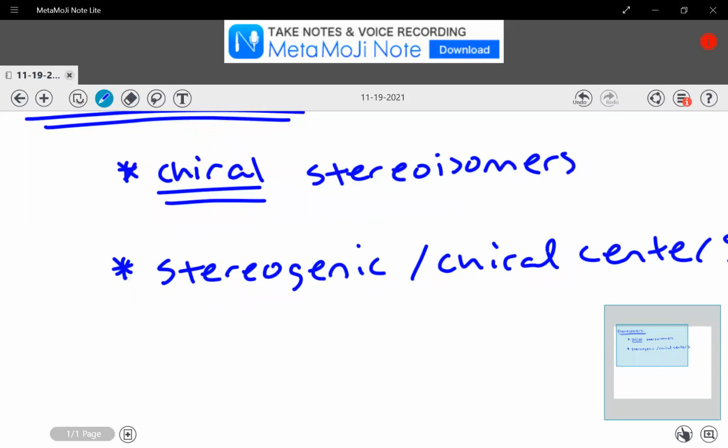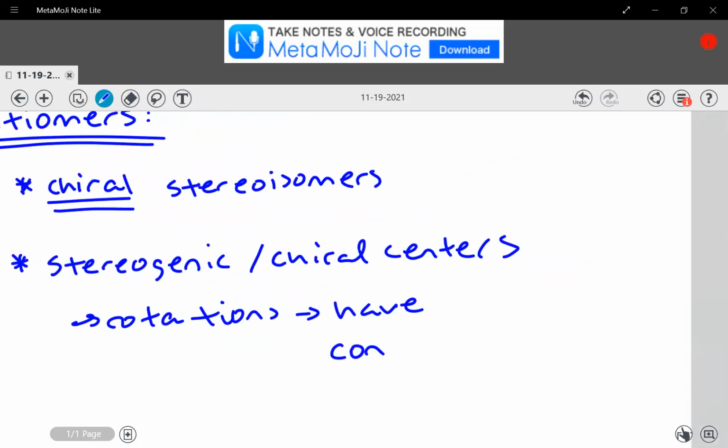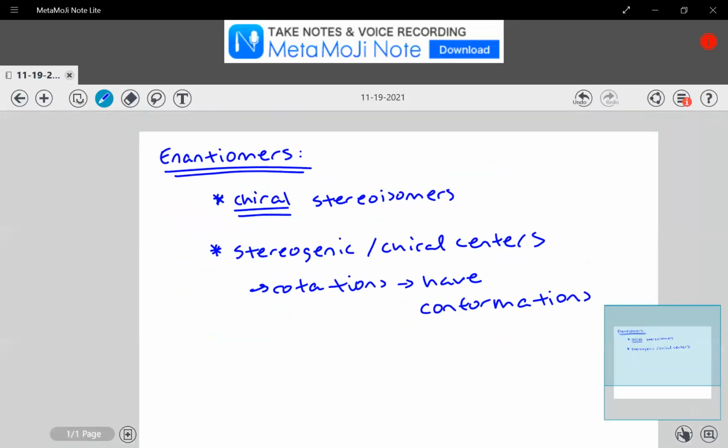Enantiomers deal with rotations. Maybe they might have configurations, but for the sake of this video, let's just say they really just have conformations, because I didn't go through enough examples or notes to make sure that that's certain.